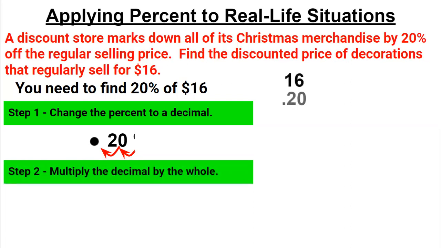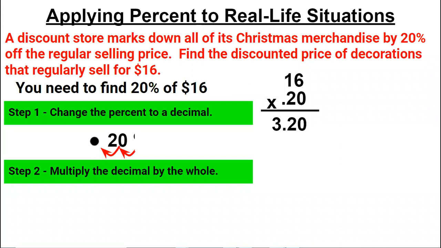So 16 times 0.20. I'm not showing the actual steps of doing that. I'm just saying the answer is going to be $3.20. Is that your answer? Are you going to buy that item for $3.20 if it was originally 16? No, right? That's not how much you're going to pay. That's how much off you're going to get.